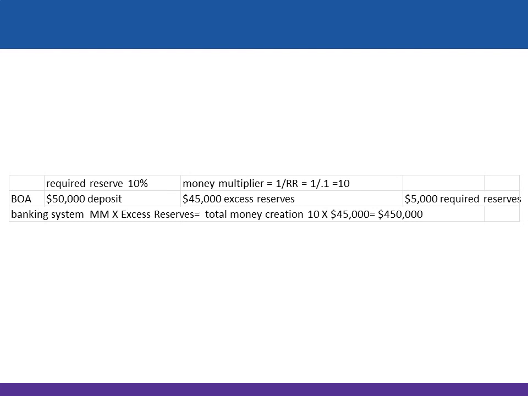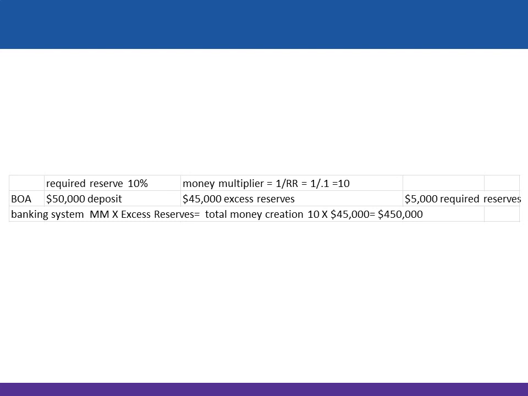So let's assume that the Bank of America lends out the entire $45,000. And let's also assume, like in our previous example, that all new loans are immediately redeposited into another bank. So how much money can the entire banking system create? Just like in the previous example, we simply take the size of the money multiplier, which is 10, and multiply it by the initial excess reserves.